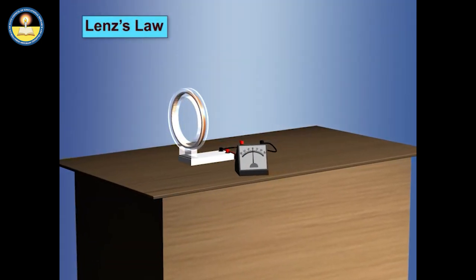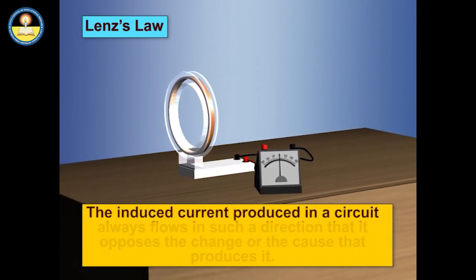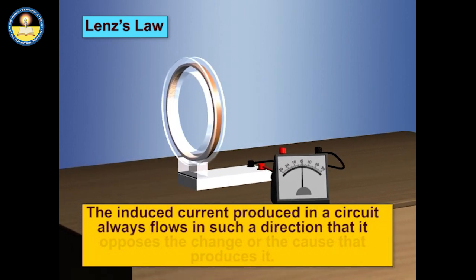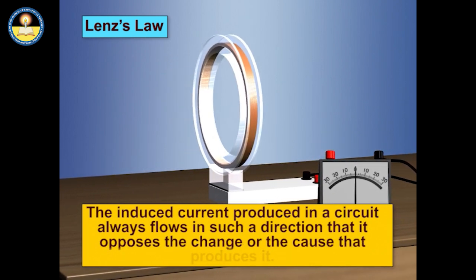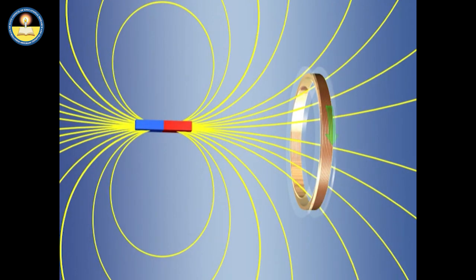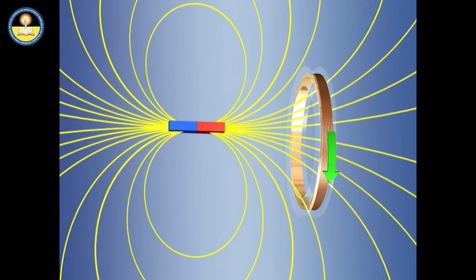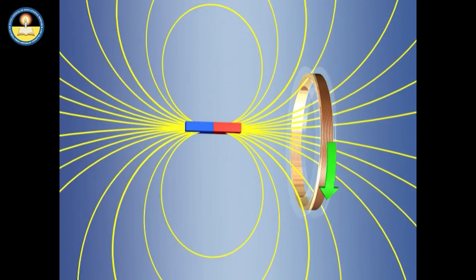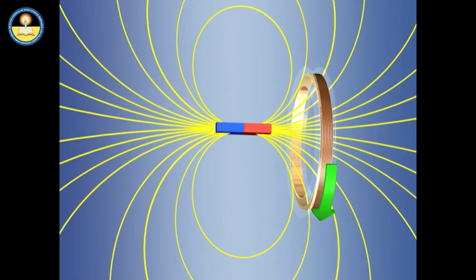According to Lenz's law, the induced current produced in a circuit always flows in such a direction that it opposes the change or the cause that produces it. When a bar magnet is moved from left to right towards the coil, an induced current is produced in the coil which opposes the motion of the bar magnet.